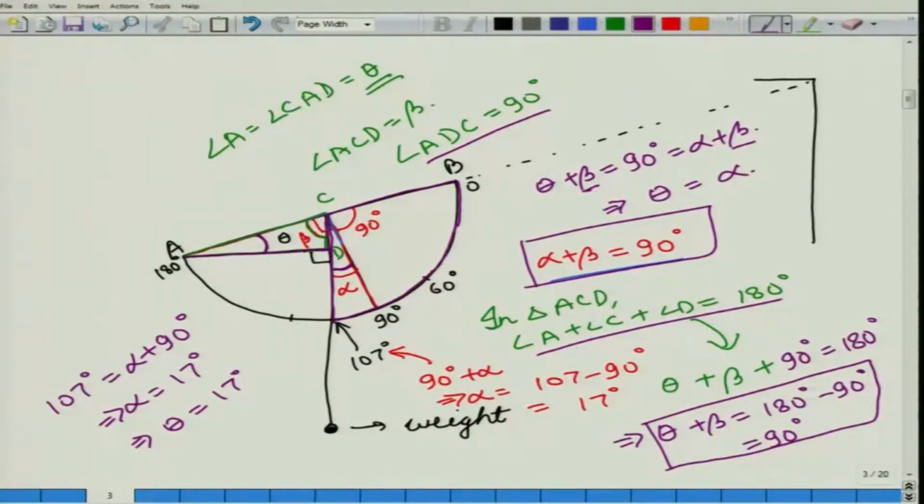Now, let us consider the situation in the case of a forest. So, currently we showed how to measure the angle of elevation of a roof.